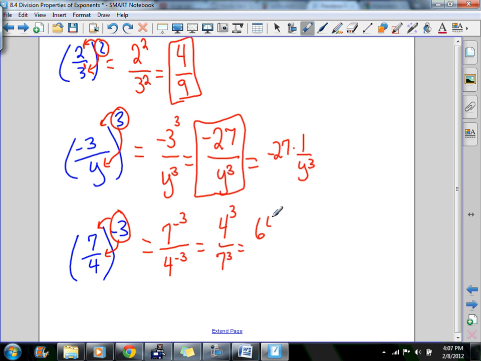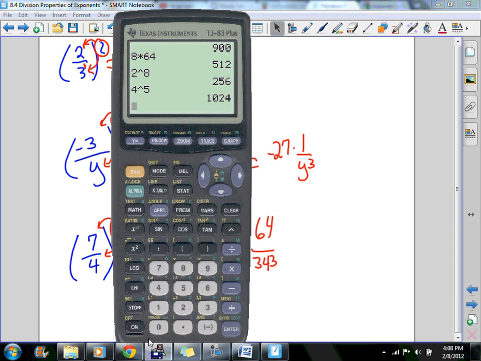Multiplication gives us 64. 7 cubed is 7 times 7 is 49, 49 times 7 is 343. And 2 doesn't work. 4 doesn't work. I think this is fully simplified. 64 divided by 343.